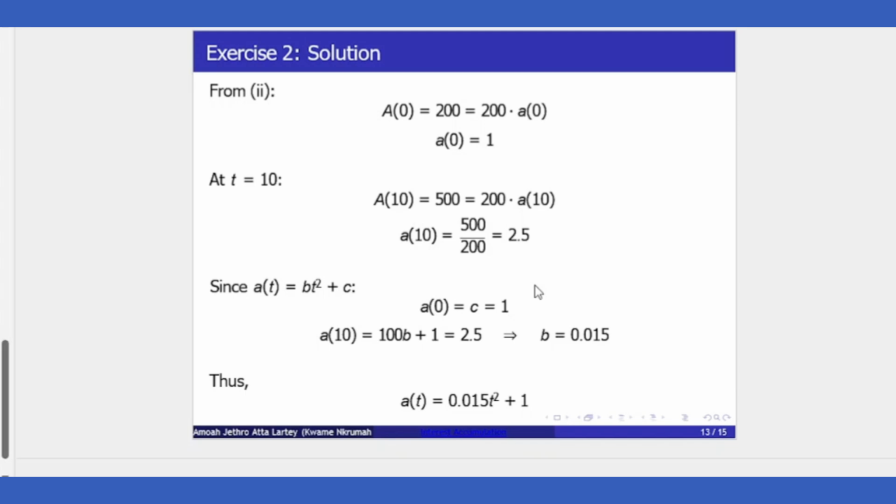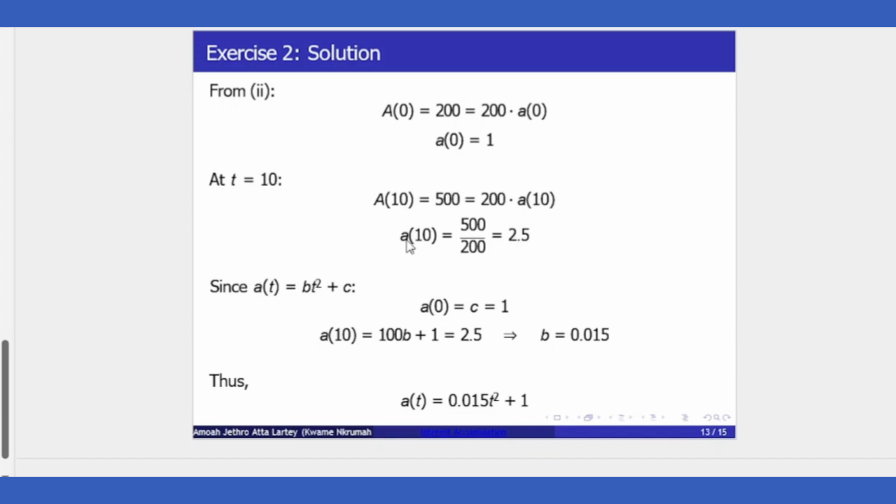Looking at the question, the initial investment, A naught, is 200. It was said in the question. Remember one property: at time 0, the accumulation function is always equal to 1. At time 10, we were told that if I invest 200 times the accumulation function at time 10, I'm going to get 500.